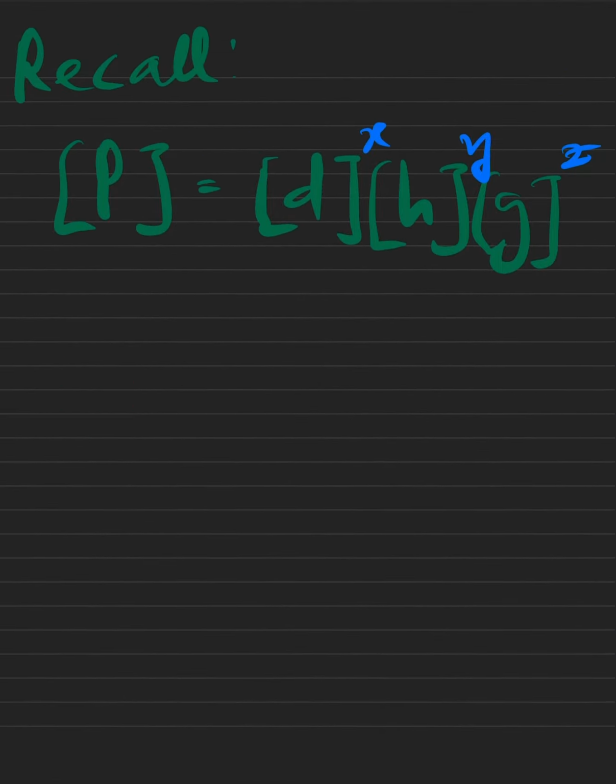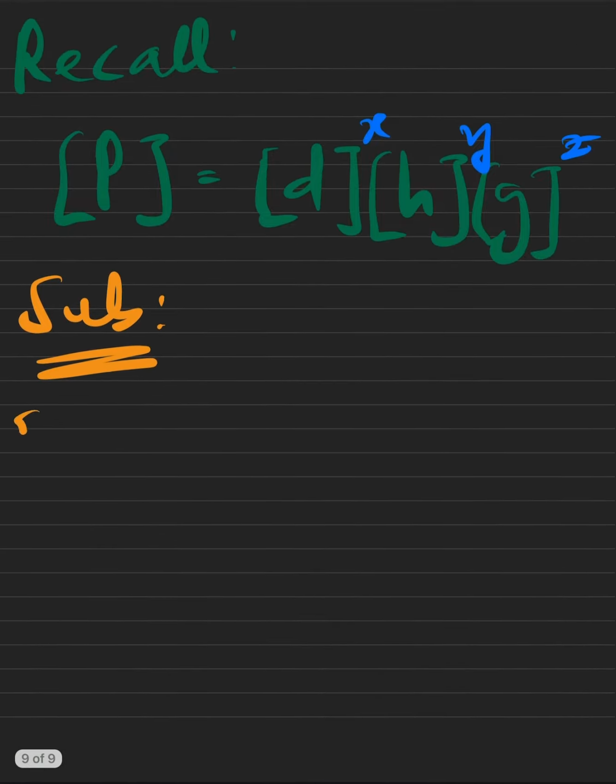So if you're taking the pressure, if you substitute the pressure, it is going to give us m l raised to power minus 1 t raised to power minus 2.